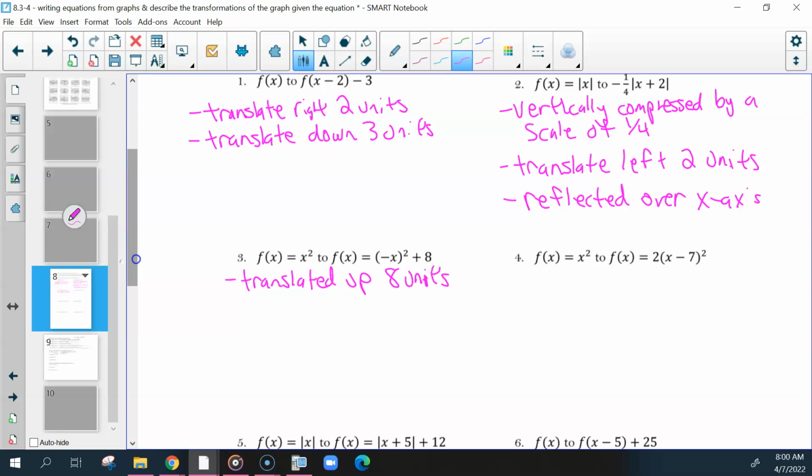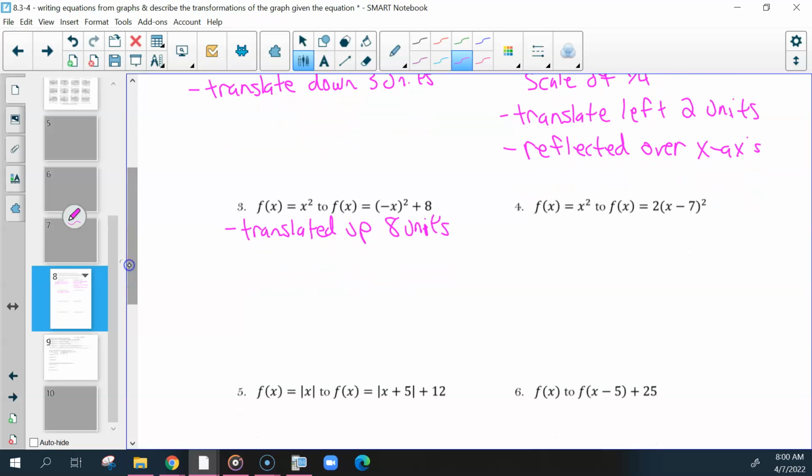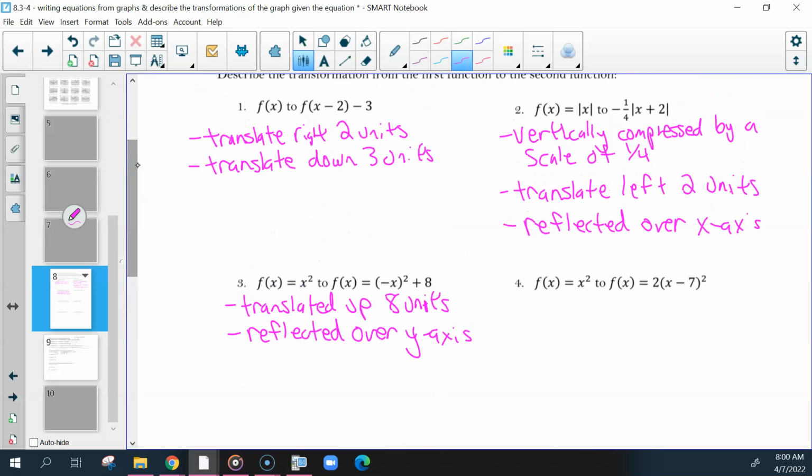It would reflect, but it would reflect over the y-axis. So if it's inside, this is horizontal, so your x values would have to change. We've done right, down, x-axis, y-axis, up.